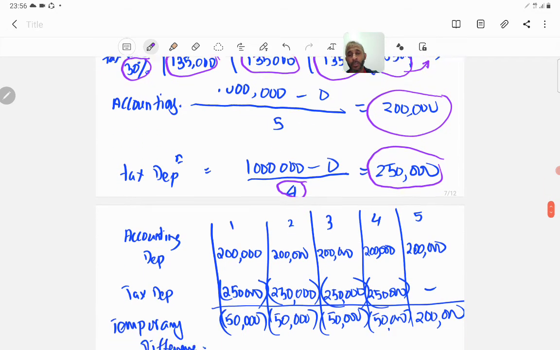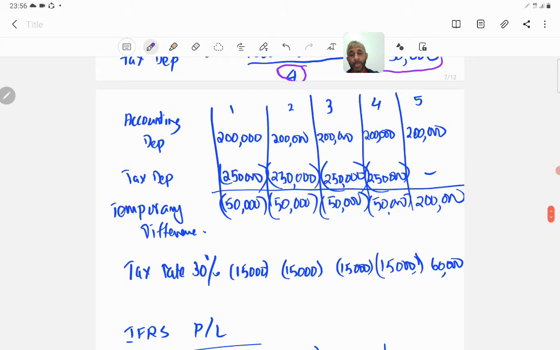If you go down, you see, I have my accounting depreciation 200,000, 200,000, 200,000, 200,000 and 200,000 for the 5 years. Whereas my tax depreciation is 250, 250, 250, 250. But in the last year, surprisingly, my tax depreciation is 0.